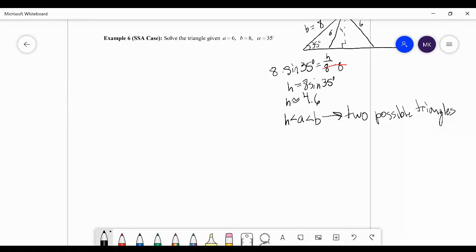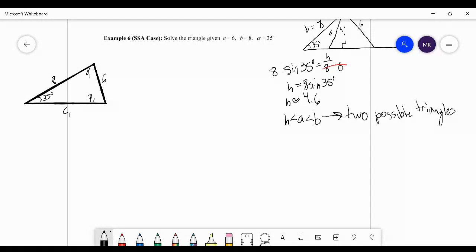I don't know why I keep drawing equilateral triangles. It bothers me. You guys probably don't care. There. Okay, so this is our 35 degrees, 8, 6, beta 1, gamma 1, C1.